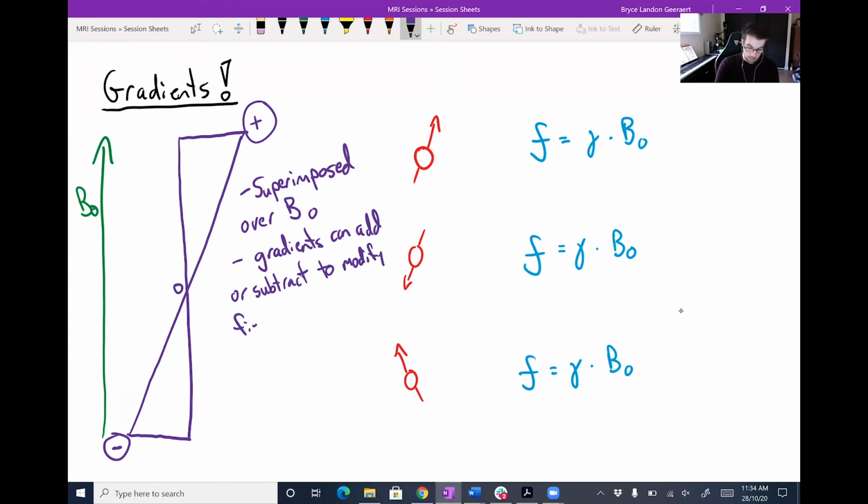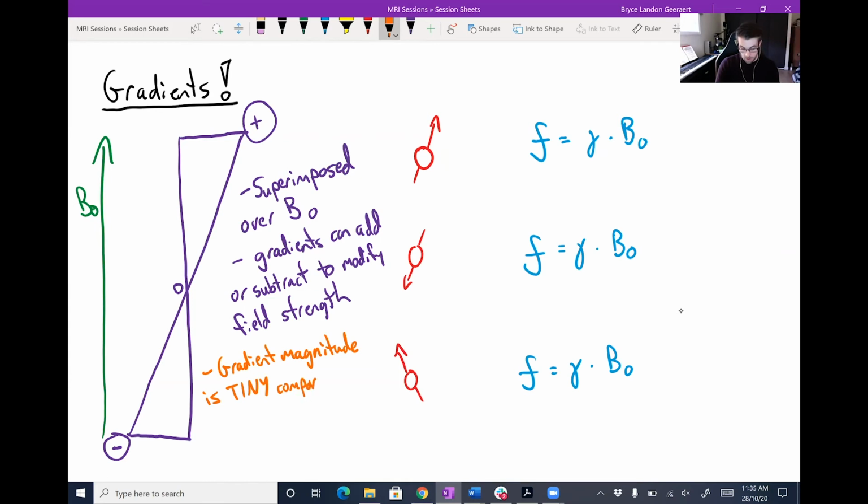That's one way of putting it. And I'm going to mark this in a different color. Gradient magnitude is tiny compared to the B0 field. I'll put that in all caps. It's tiny.